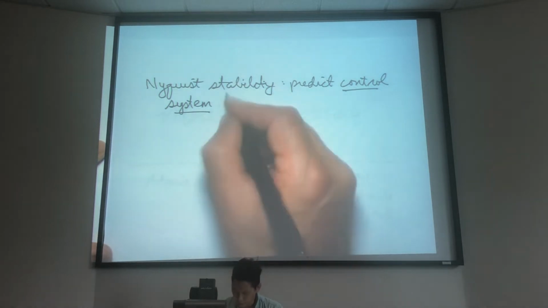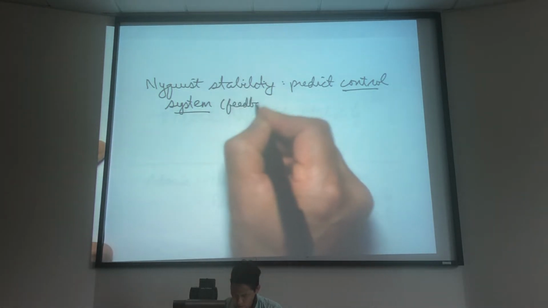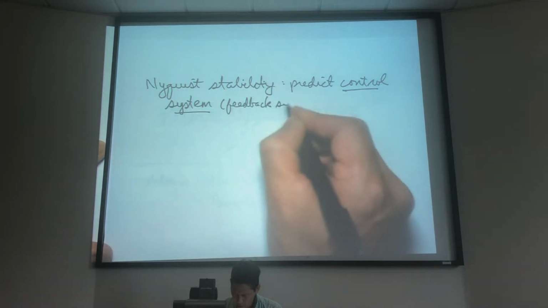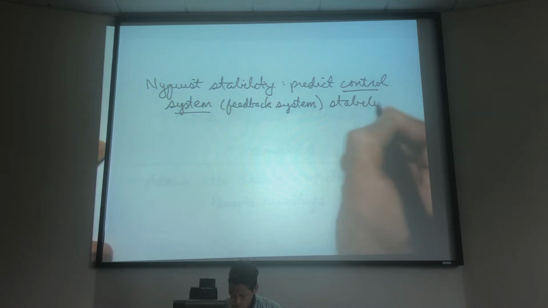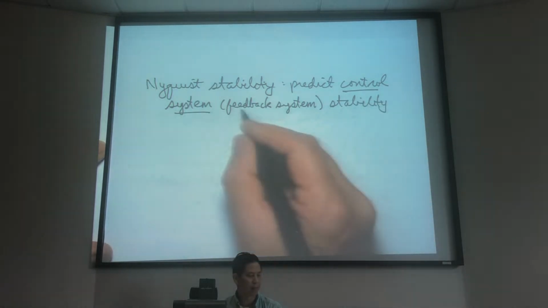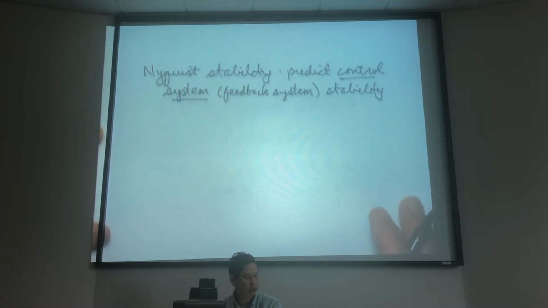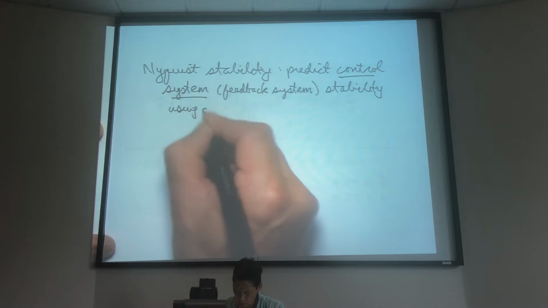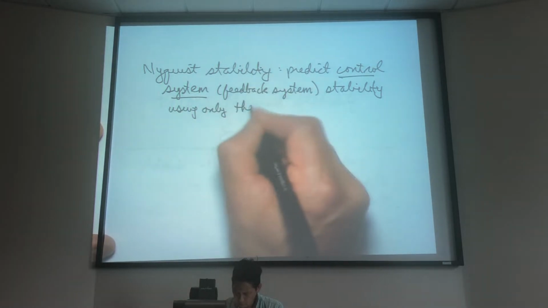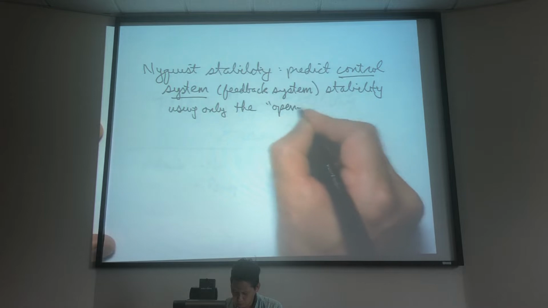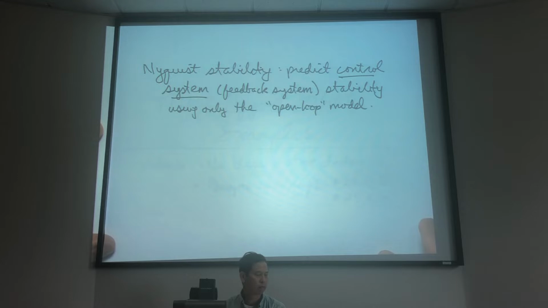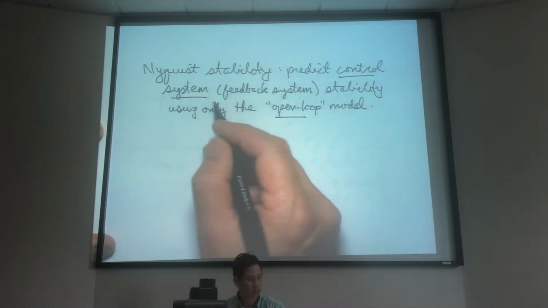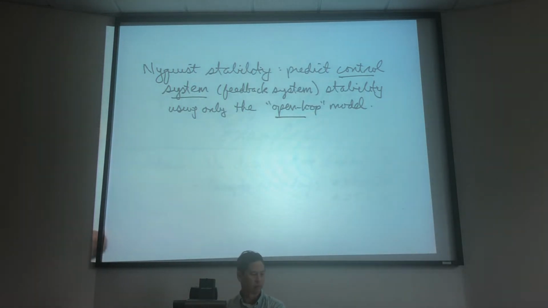Control system implies feedback. Feedback means there's a loop involved. So we are able to predict the stability of a control system using only the so-called open loop model. So we use the open loop to predict the stability of the closed loop.